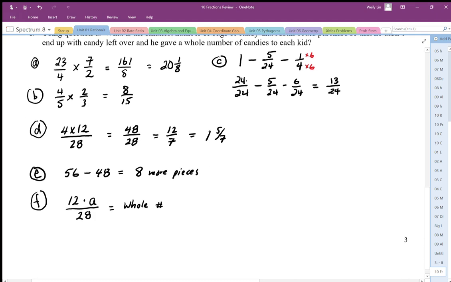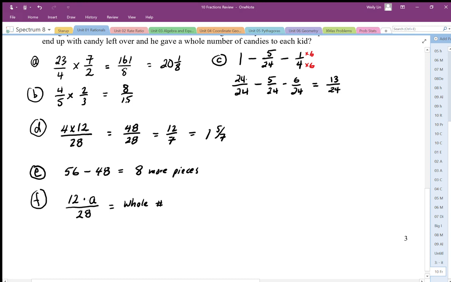So that means that we need to choose an A that is evenly divisible here. We need to actually share some common factors here. We can actually get rid of some common factors, because we have some common factors of 12 and 28. So we can get rid of a common factor of 4.